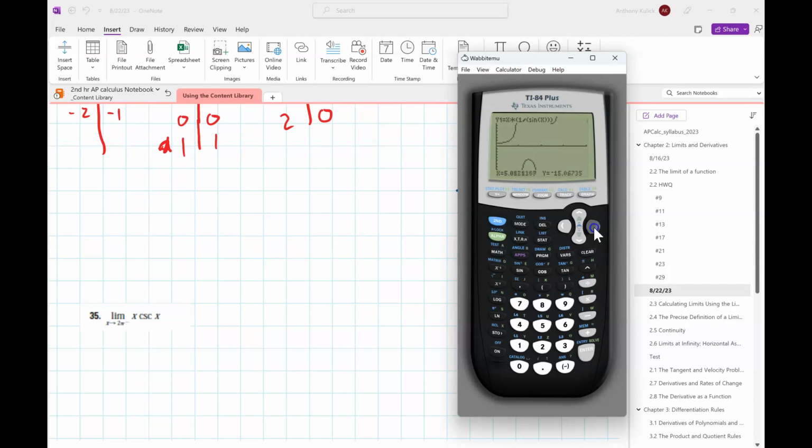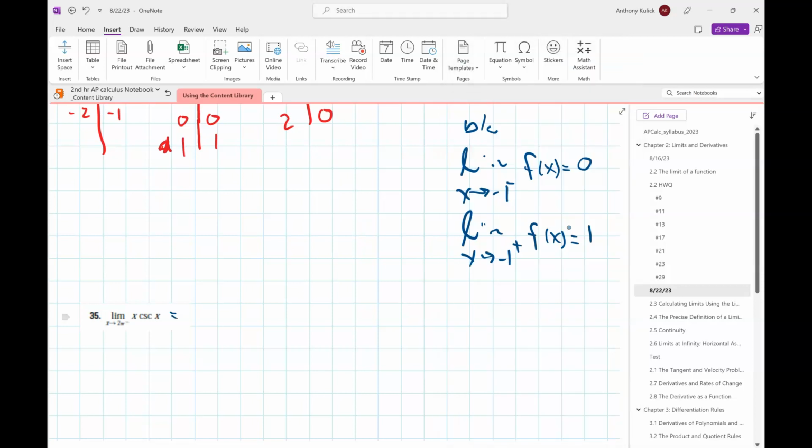Heading down towards, seems like -infinity to me, right? So you can just write -infinity, and as soon as I pass 6.28, notice it jumps up to positive values. So that's what it's looking like is going on. I'm just going to say equals negative infinity.